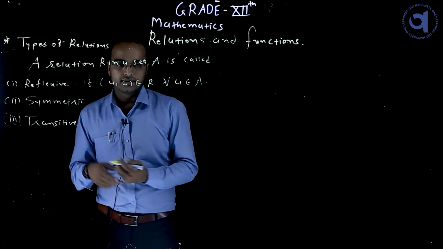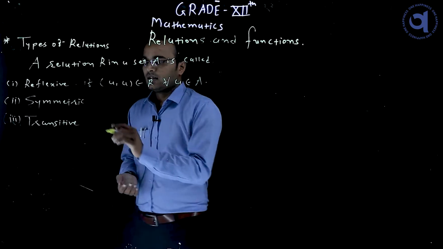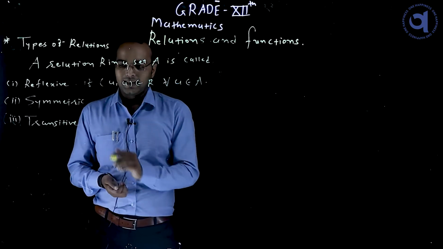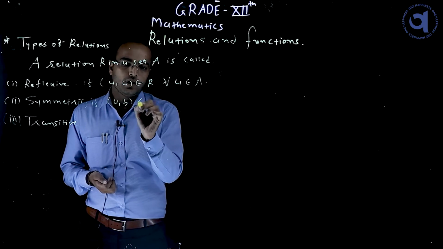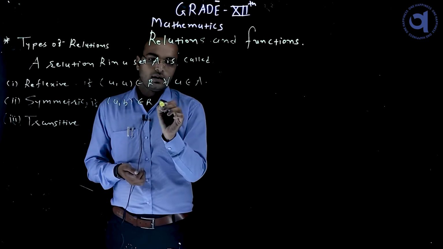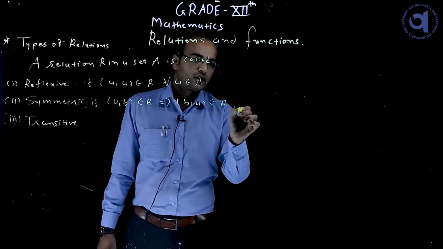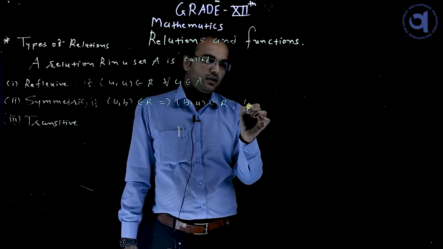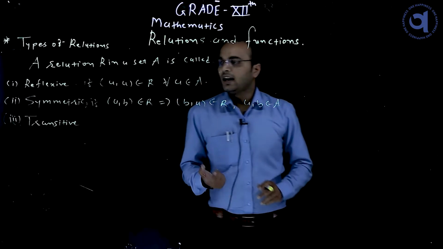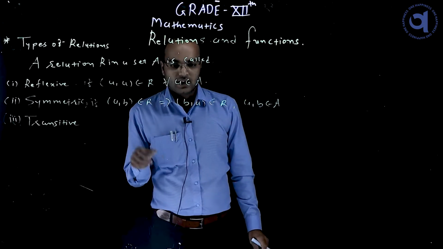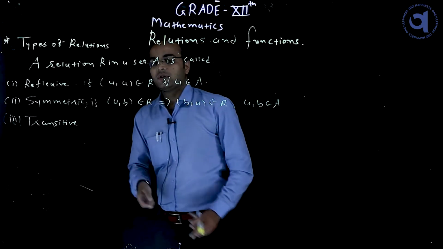Okay, and the second one is symmetric relations. A given relation is called symmetric if (a, b) belongs to R implies (b, a) belongs to R, where a and b belong to set A. If for any ordered pair (a, b) belongs to R, then (b, a) must also belong to R, then it is said to be what?